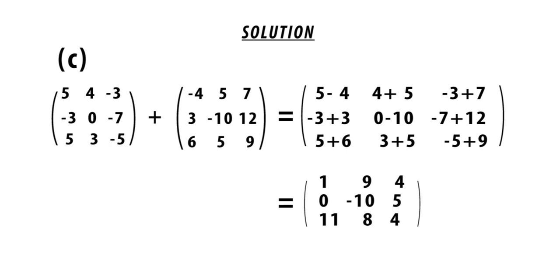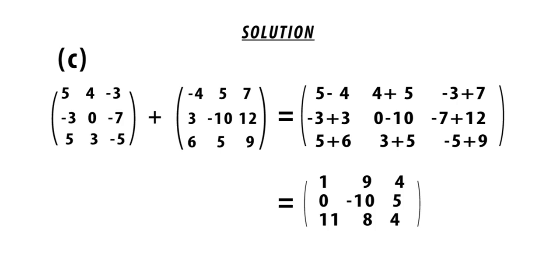We are going to add the corresponding elements. So that will be equal to 5 minus 4, 4 plus 5, negative 3 plus 7 for the first row.